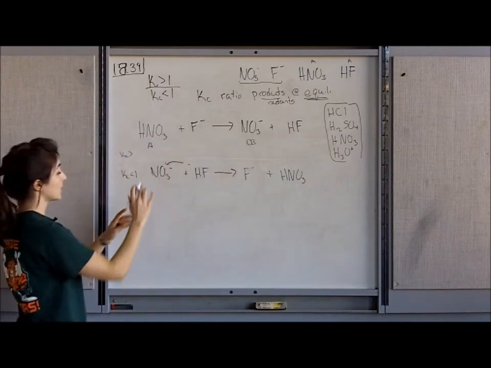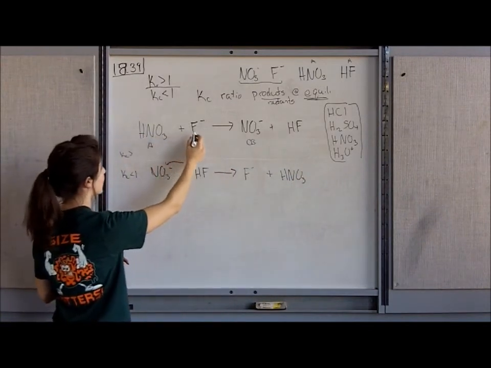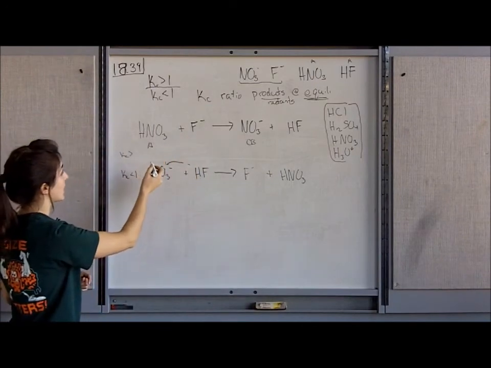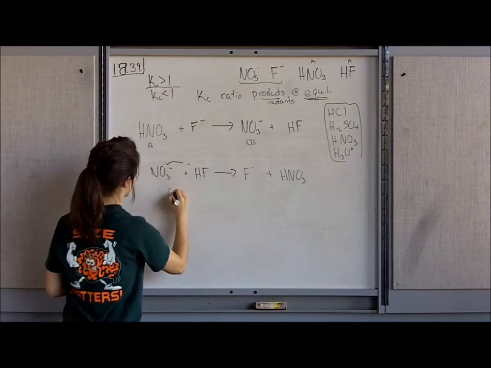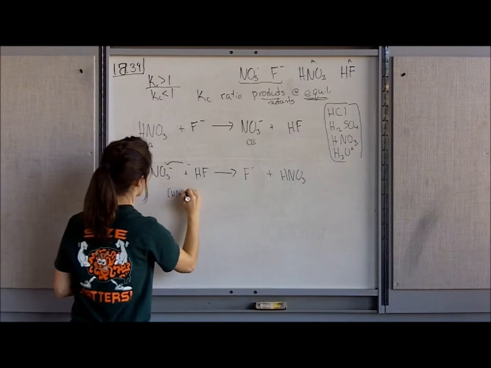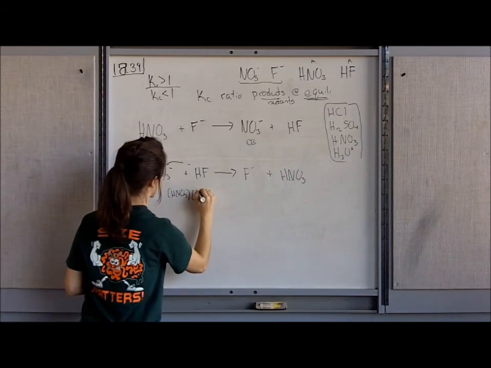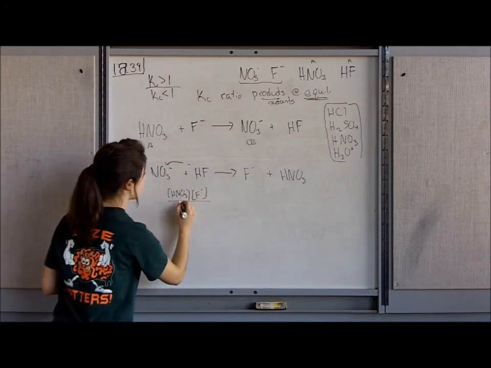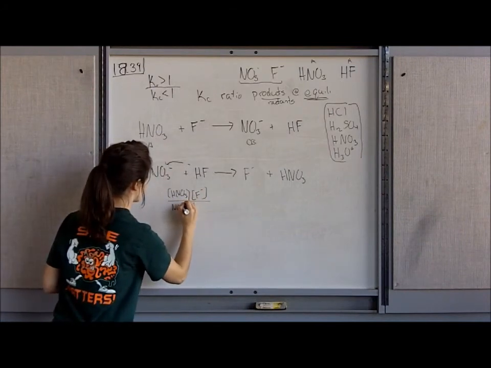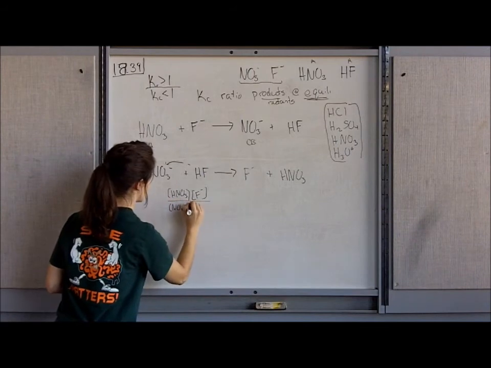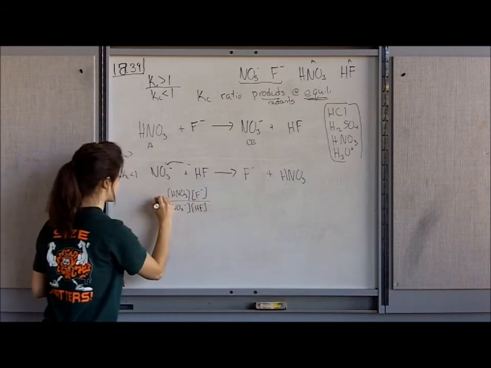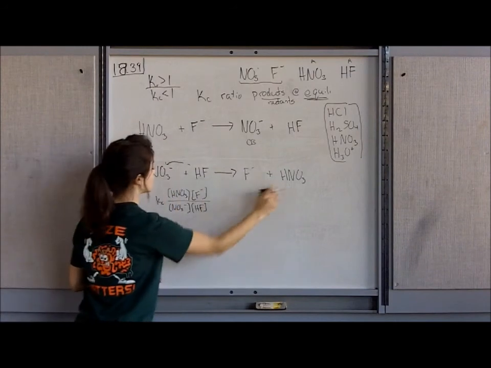Before, HNO3 and fluoride ion were the reactants, but now they're the products. So we'll have the concentration of HNO3 times the fluoride ion over NO3 minus and hydrofluoric acid. So this is our Kc for this equation.